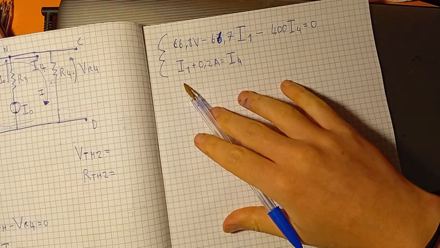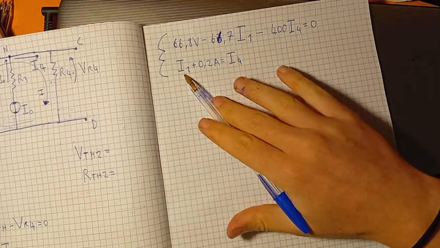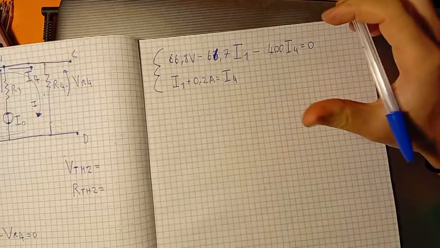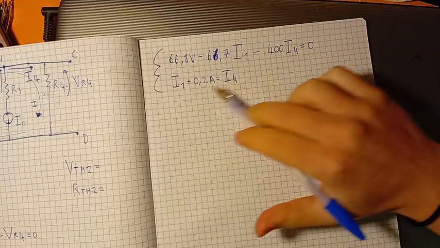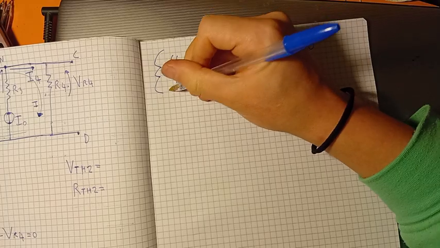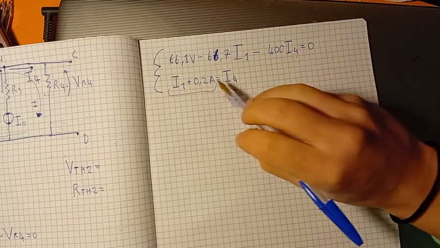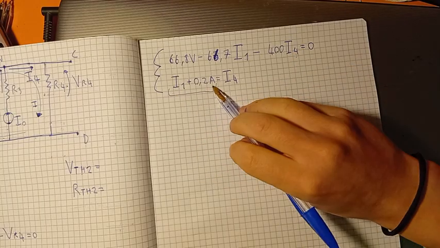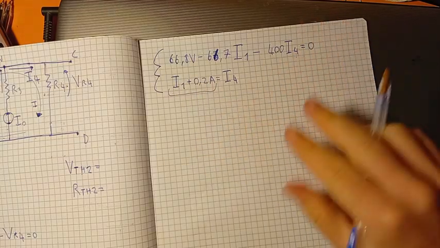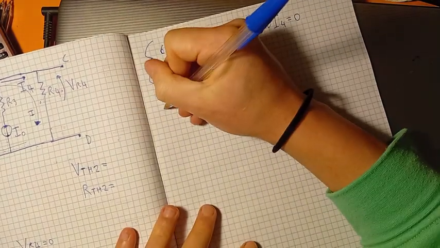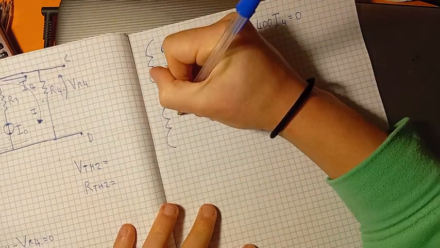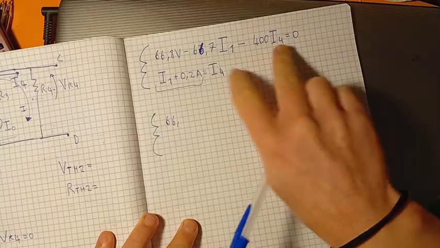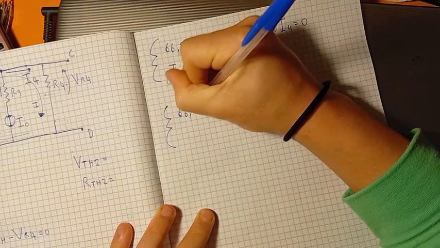Now we know that I4 is equal to I1 plus 0.2, so let's change I4 with this, because I4 is equal to this. Let's exchange I4 with this.